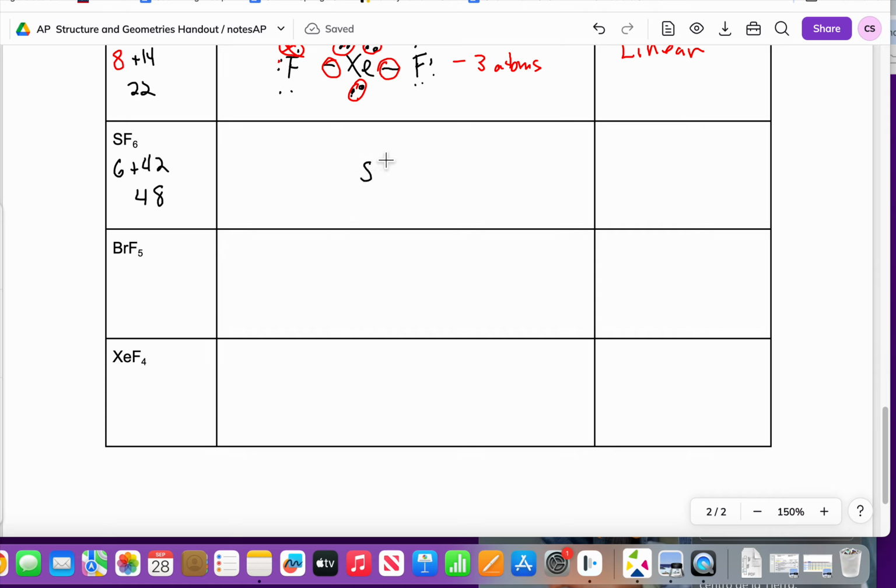Okay, so then we'll put S, and we'll go F, F, F, there's 3, F, F, F. These will all satisfy the octet rule. The outside atoms are always going to satisfy the octet rule. They'll have 8 on them. It's just the central one that will not.